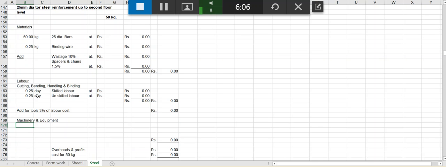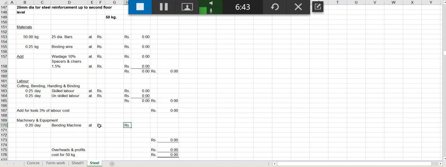It might be 0.2 day of bending machine. But for such small work, we are not going to use a separate bending machine. You will take the reinforcement to some place and do the work from there. But when it comes to site premises, it is required to have a separate bending machine as well.